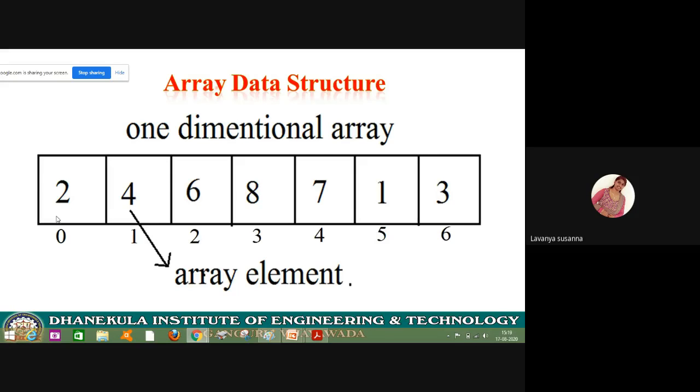They are not in random locations. Here, data will occupy continuous memory locations.